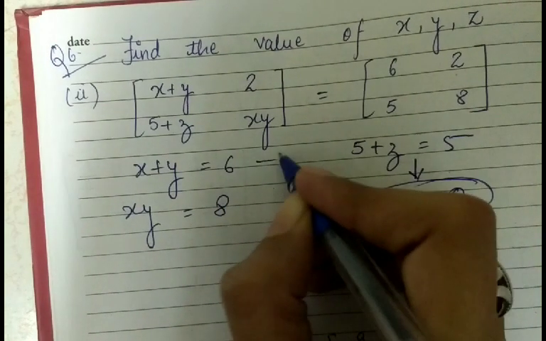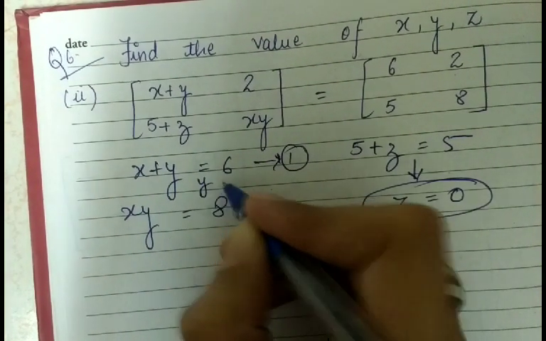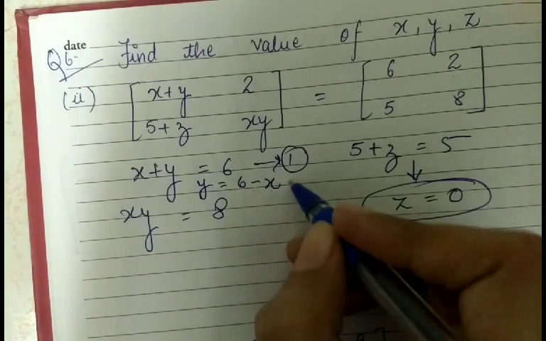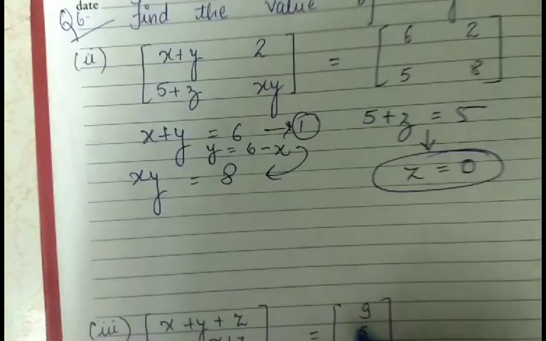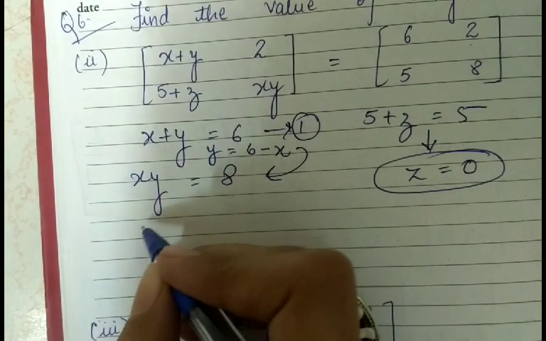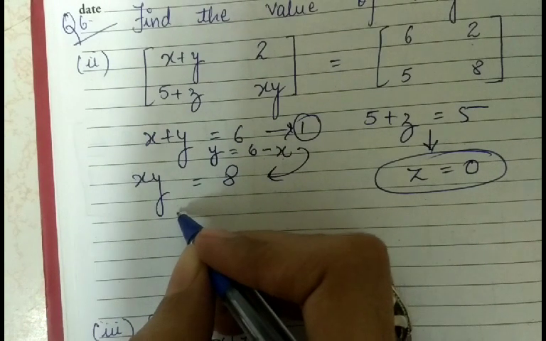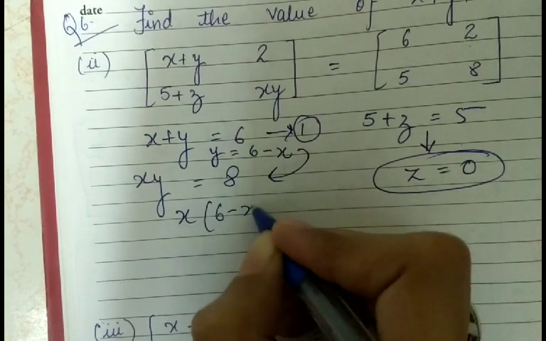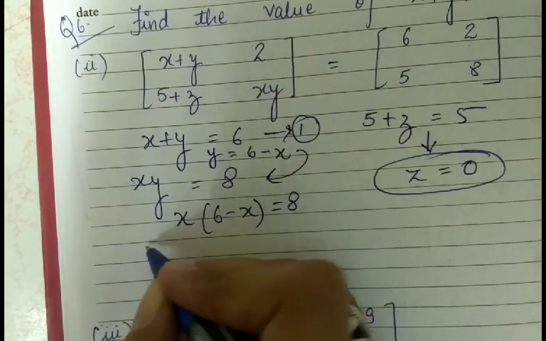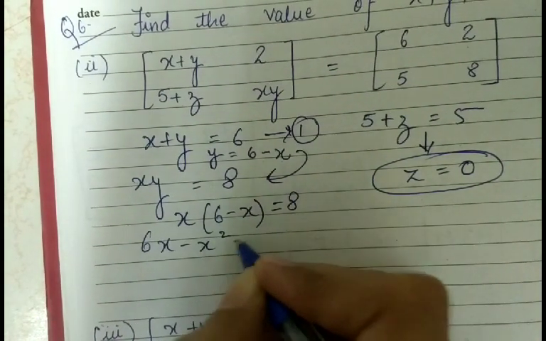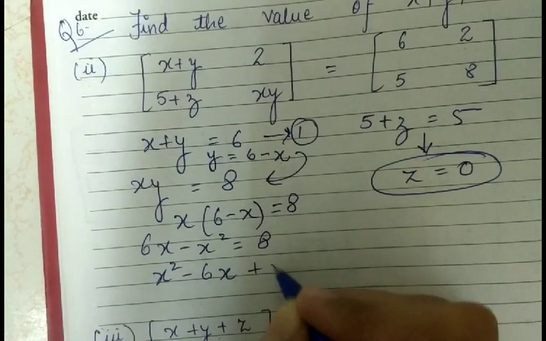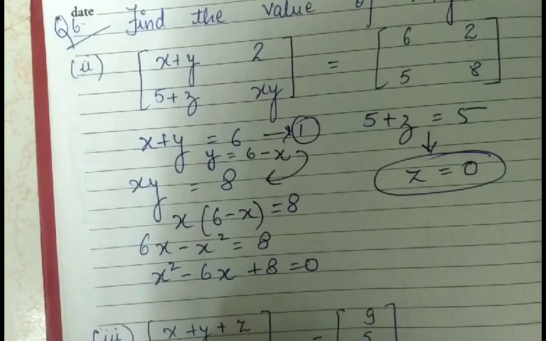Next we have to solve this. From the first equation, I can write y equals to 6 minus x and put this value in equation 2. So in this case, x into 6 minus x will be equals to 8. 6x minus x square equals to 8. X square minus 6x plus 8 equals to 0.